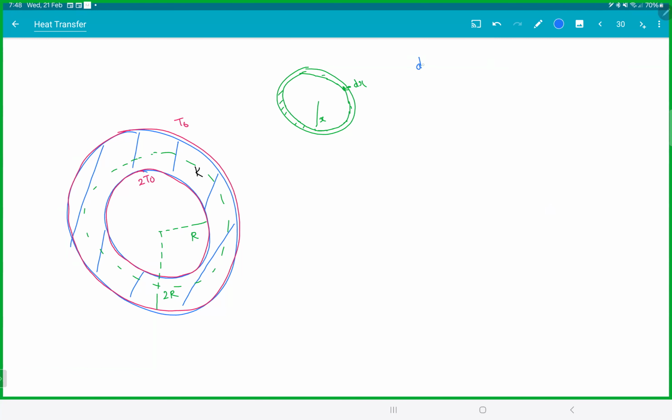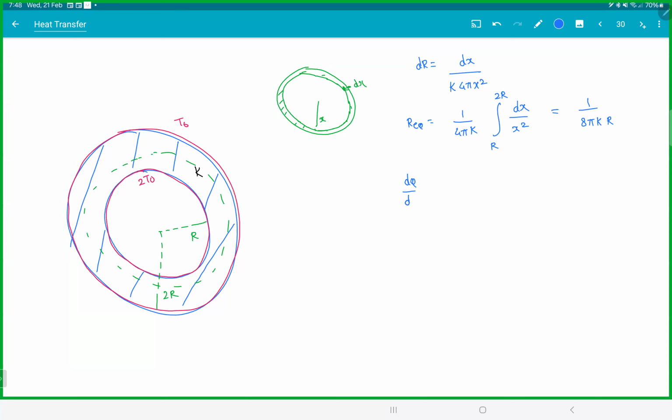So dR will be, length is dx. Again, L is the length along the heat flow. Here heat is flowing radially. So it is dx, the thickness, by k. Area is 4 pi x square. All are in series. Integrate. R equivalent will be 1 by 4 pi k integral dx by x square. Limits will go from R to 2R. That would be 1 by R minus 1 by 2R, giving 1 by 8 pi kR.